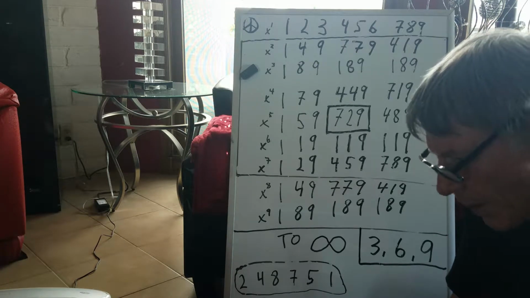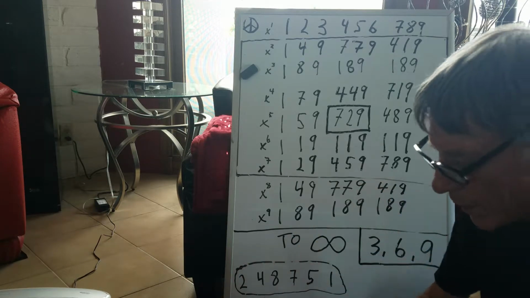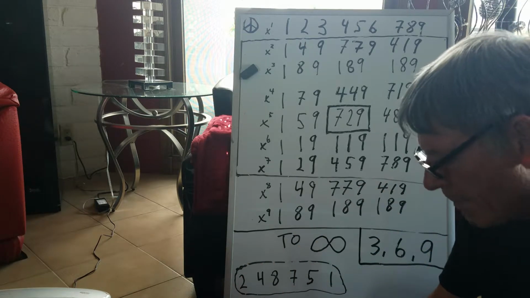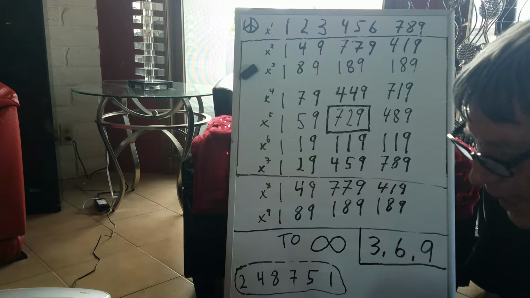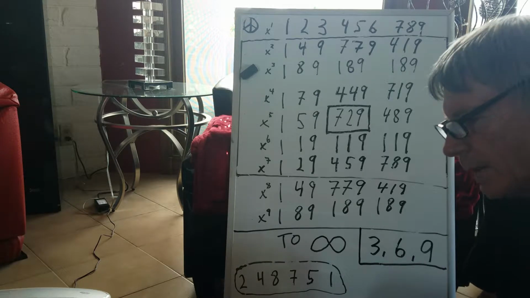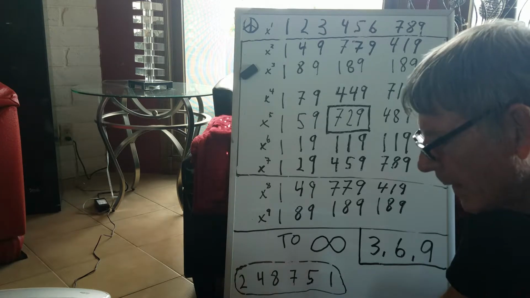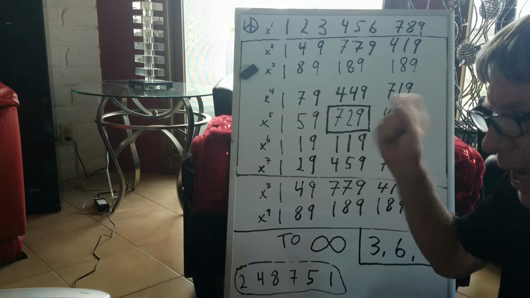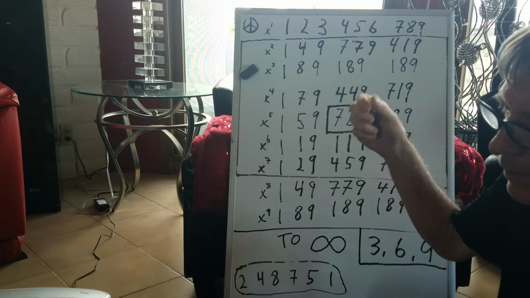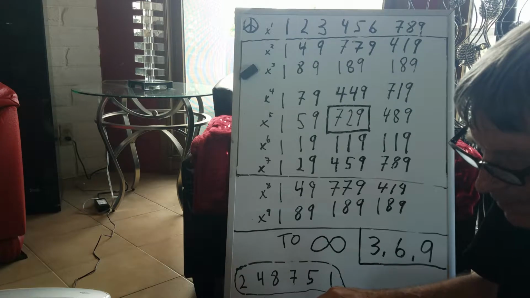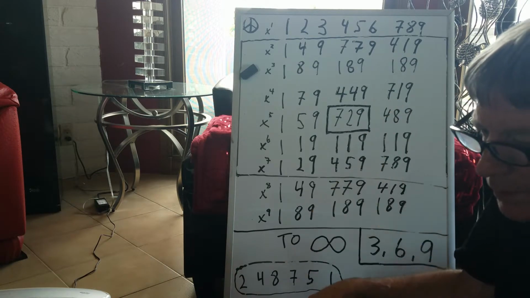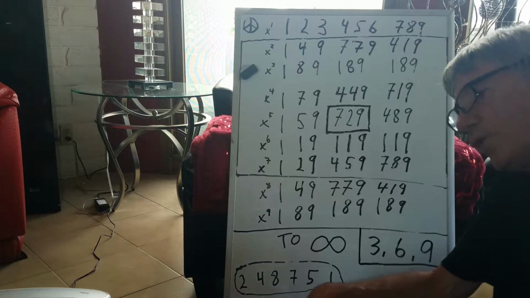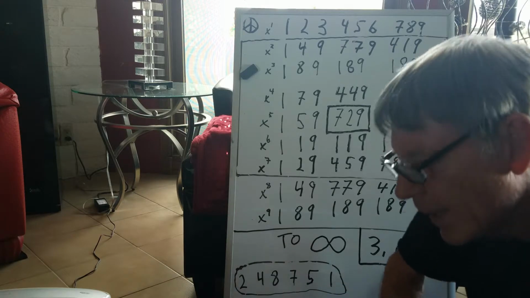Now it continues from there, of course, because 10 tripled is 30, but we don't talk about tens. We don't talk in terms of 10s and 11s, but we'll just do it. 10 tripled is 30, but 10 is a 1, which is a 3. It's the same as 3 tripled. 11 tripled is 33. 11 is a 2, 2 tripled is 6, so 33 is going to be a 6.